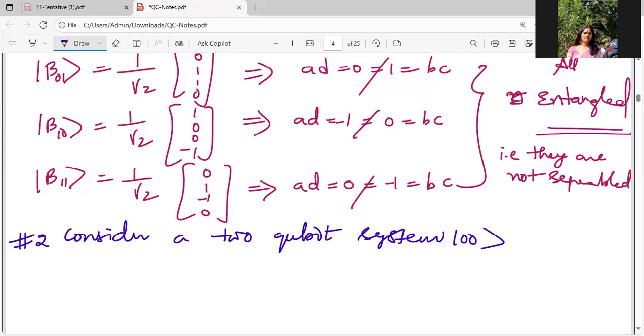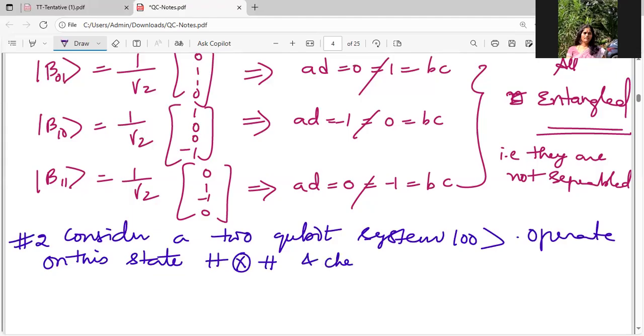Operate on the state H tensor product of H, and check whether the resultant is entangled.